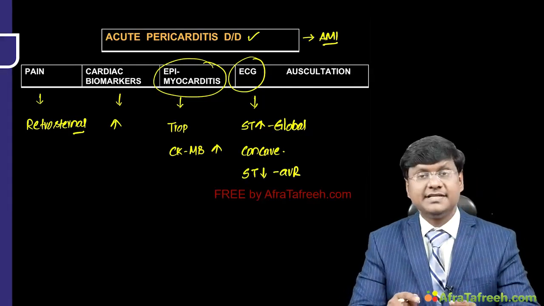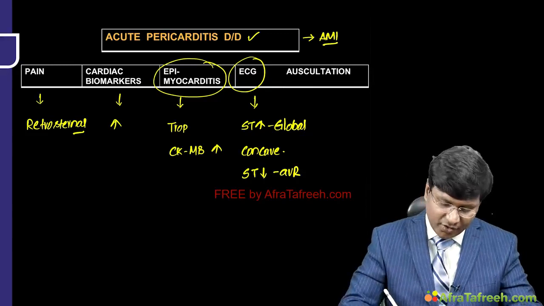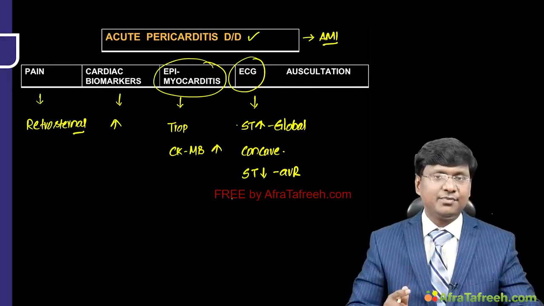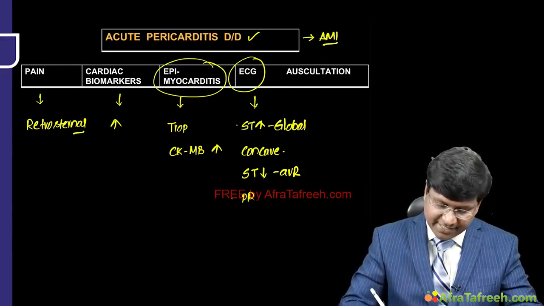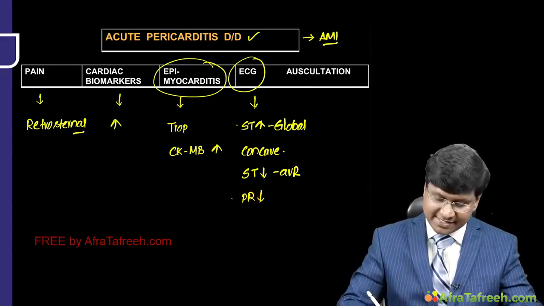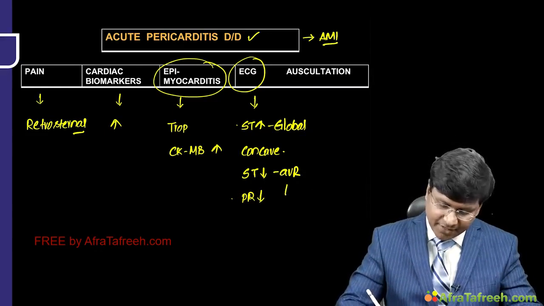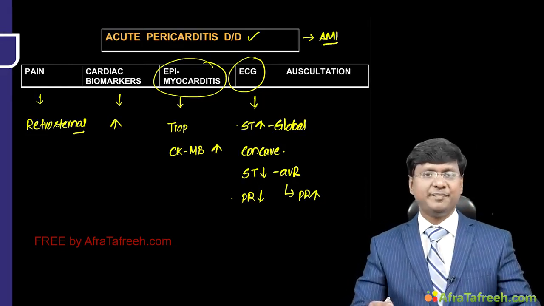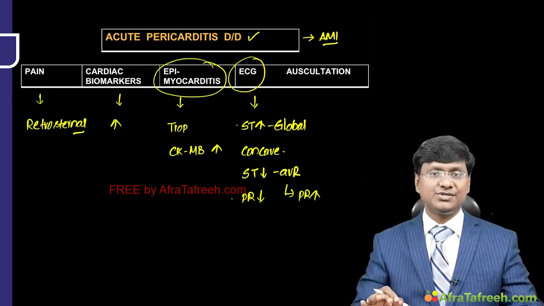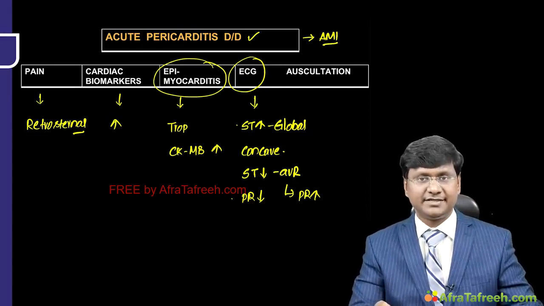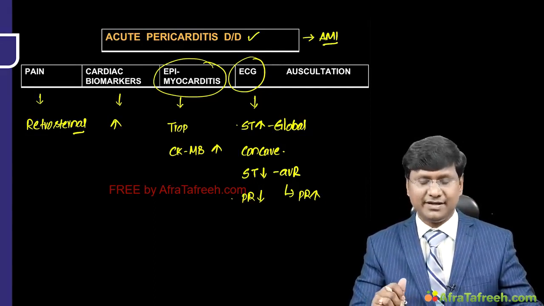And not only that, another important ECG change is PR segment depression in all the leads, except in AVR, where you have PR segment elevation. The development of PR segment depression tells you it is an atrial involvement.